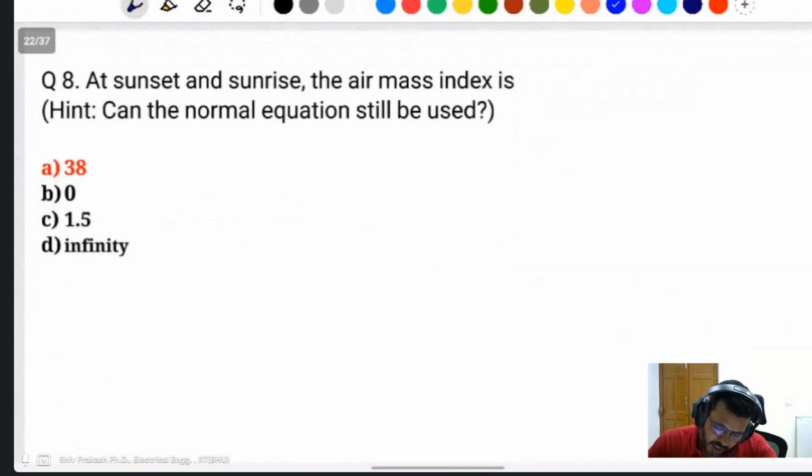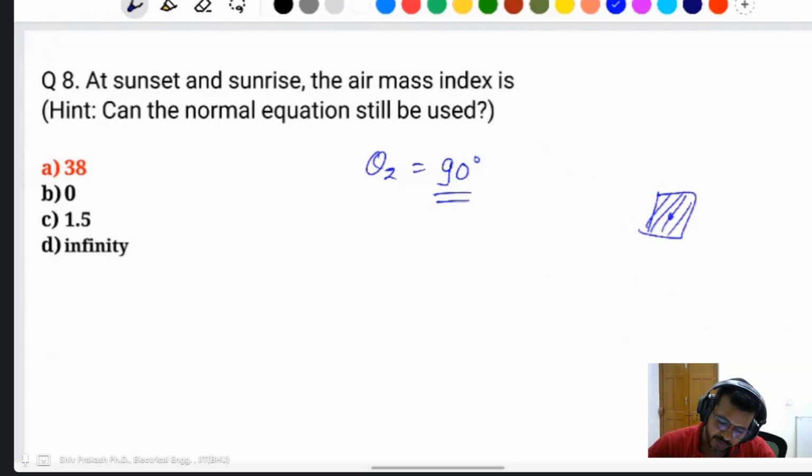At sunset and sunrise, the air mass index, theta z will be 0, I think. Oh, sorry, 90 degrees. Because if you have a local concentric coordinate system, we have a zenith axis and a south axis.